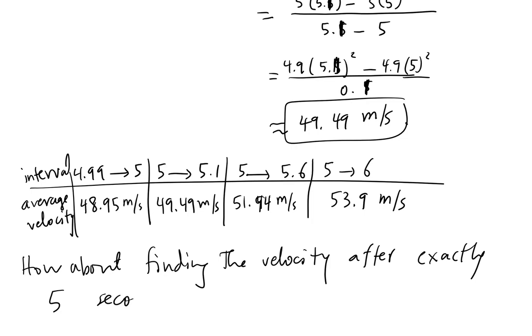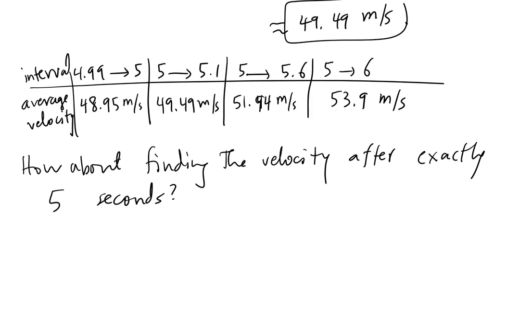We have been finding the average velocity over a specific interval. But what if we need to find it exactly at 5 seconds? How do we do so? Well, we can look at all these intervals that we got earlier. You see some of them a little bit below 5, some above 5.